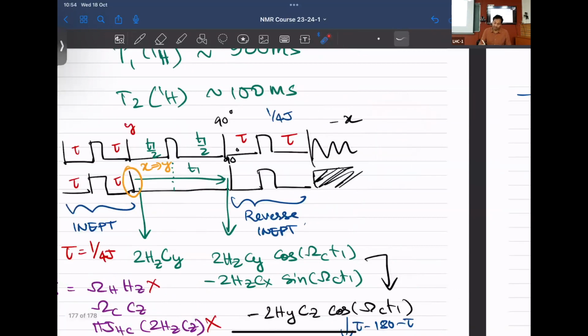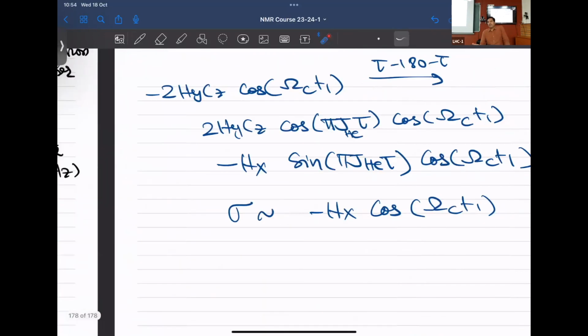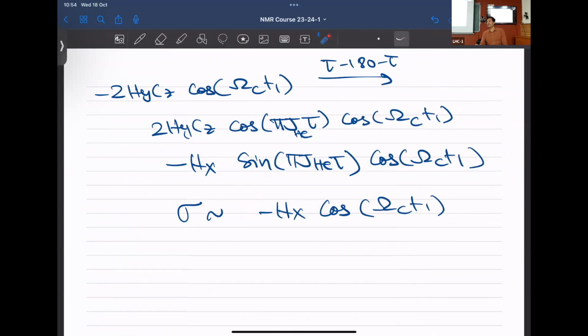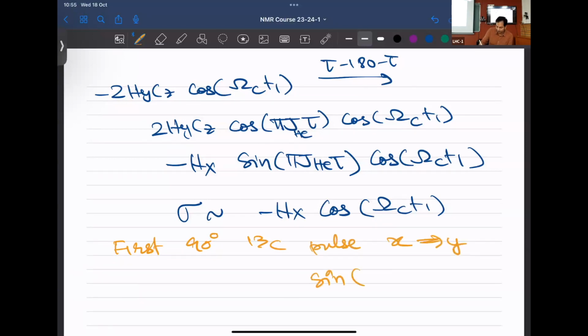I hope now people are able to understand how I choose the receiver. If it's a minus Hx term, I'll keep the receiver along minus X. If you change the first 90-degree carbon pulse from X to Y, you will get the sine term.